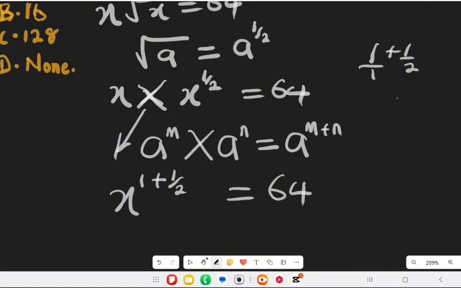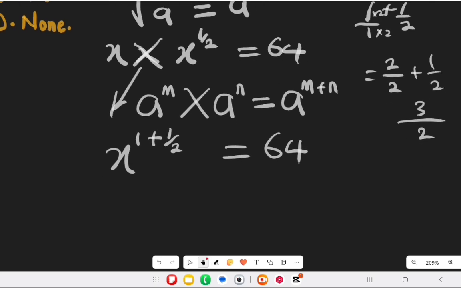Then we make the denominators equal, meaning this will be times 2 and this will be times 2. Then we have 1 times 2 gives us 2 all over 2, plus 1 all over 2. If the denominators are equal, we pick one denominator and add the numerators, which is 2 plus 1, which gives us 3. So here we have x raised to the power of 3 all over 2 equals 64.